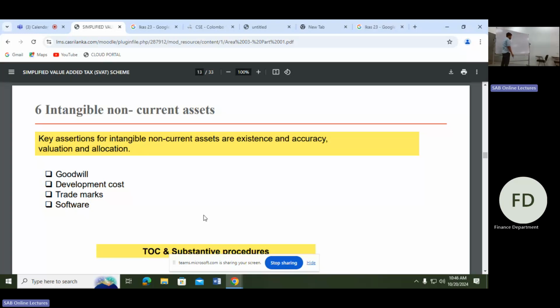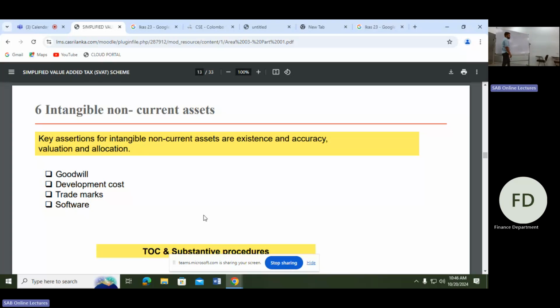It may be software, maybe development cost, maybe goodwill, maybe a trademark. So those are intangible assets. We can't see them as an asset, but they will generate income.